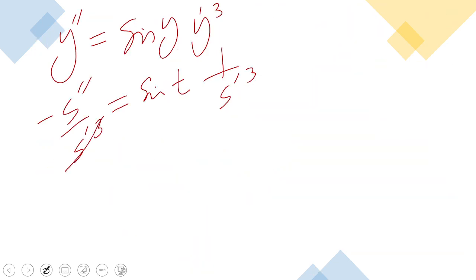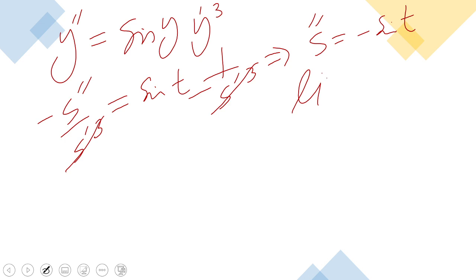So you see this will cancel, and what do I get? I get a simple differential equation: S double dash is equal to minus sine T. You see this is linear in S, a much simpler equation. What is the solution?